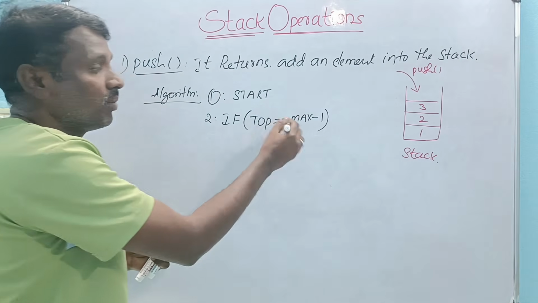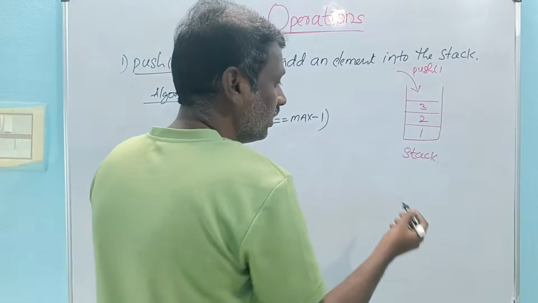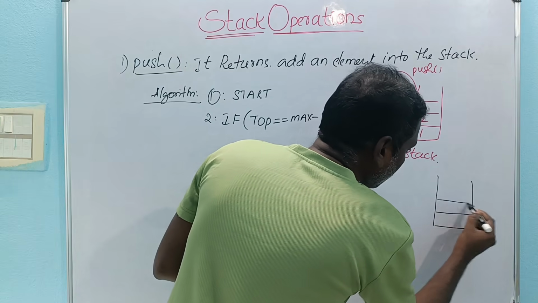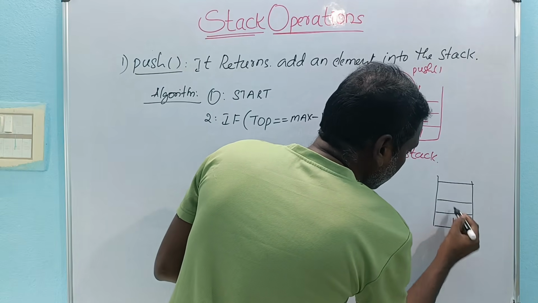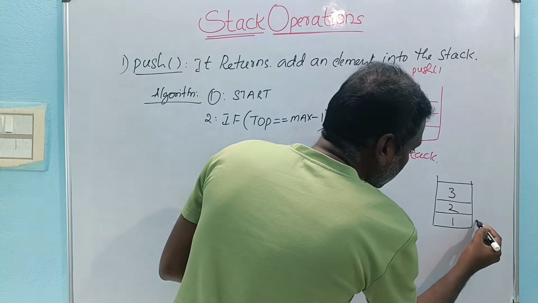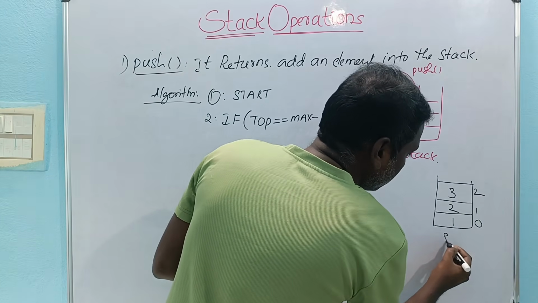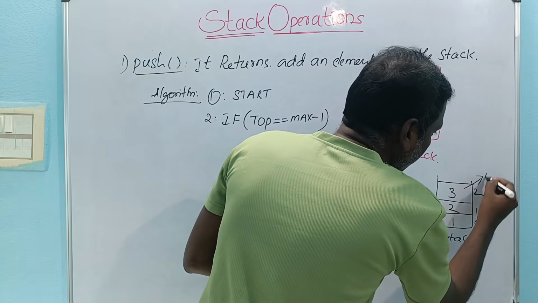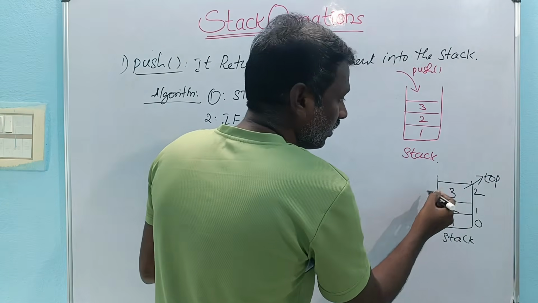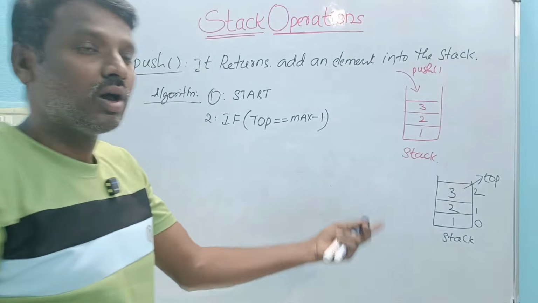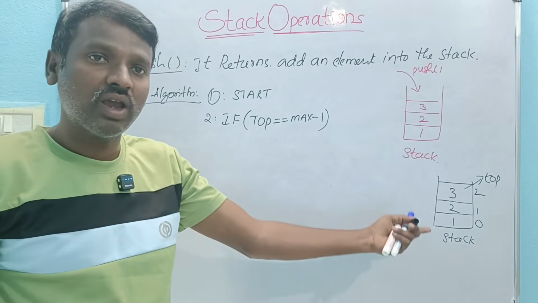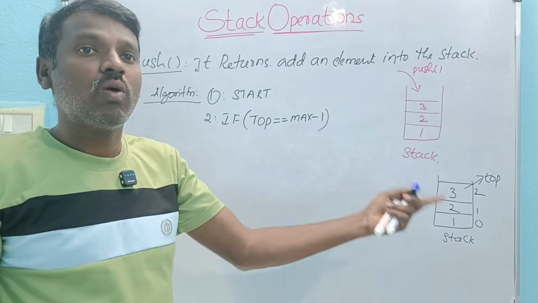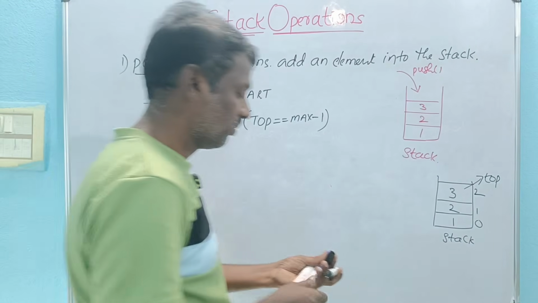So observe the second diagram: 1, 2, 3, with indexes 0, 1, 2. This is our stack, and this is the top. How many elements are inserted? Its size is only 3. If you insert more than 3, it will overflow. So this is the max element.